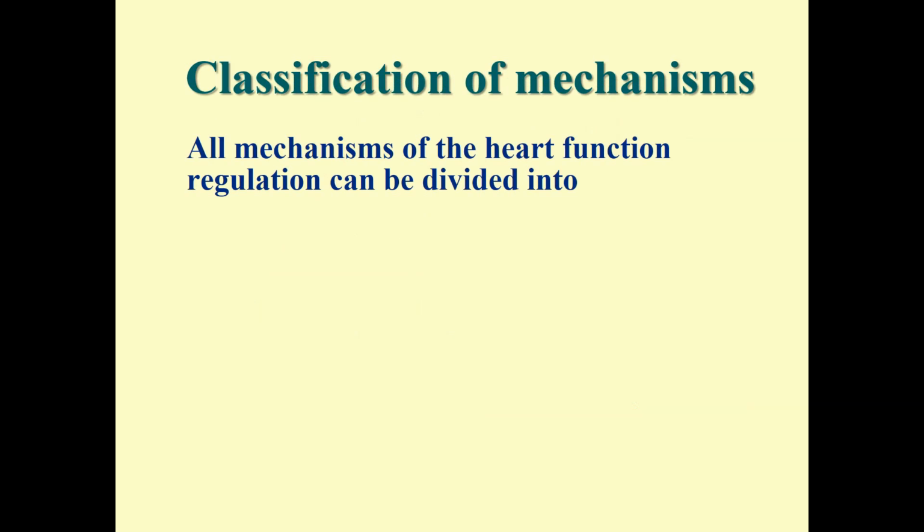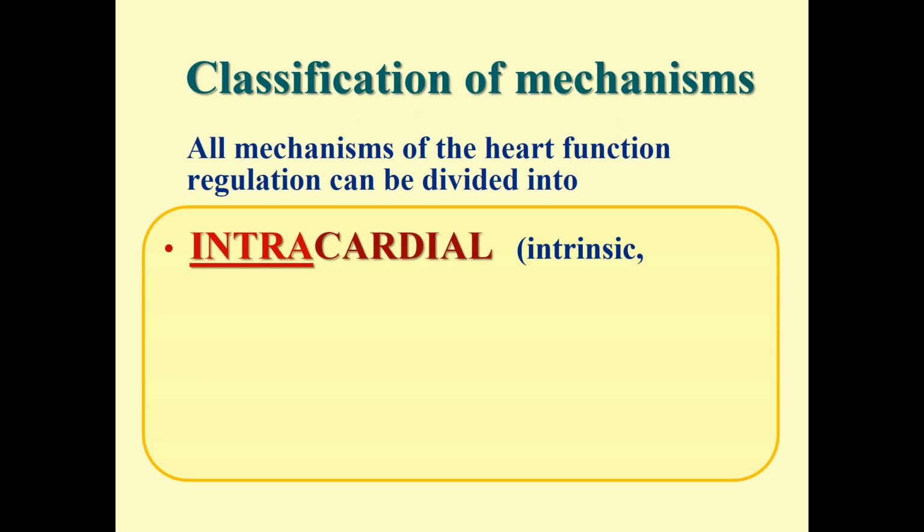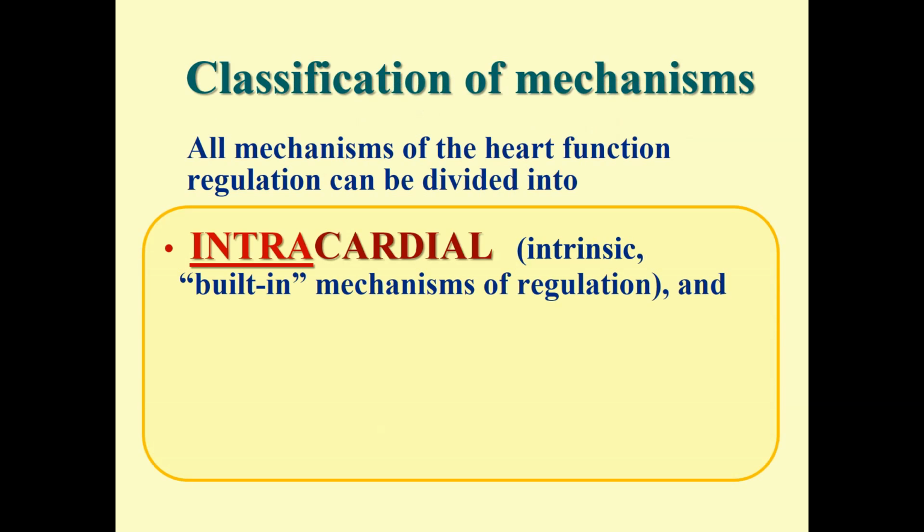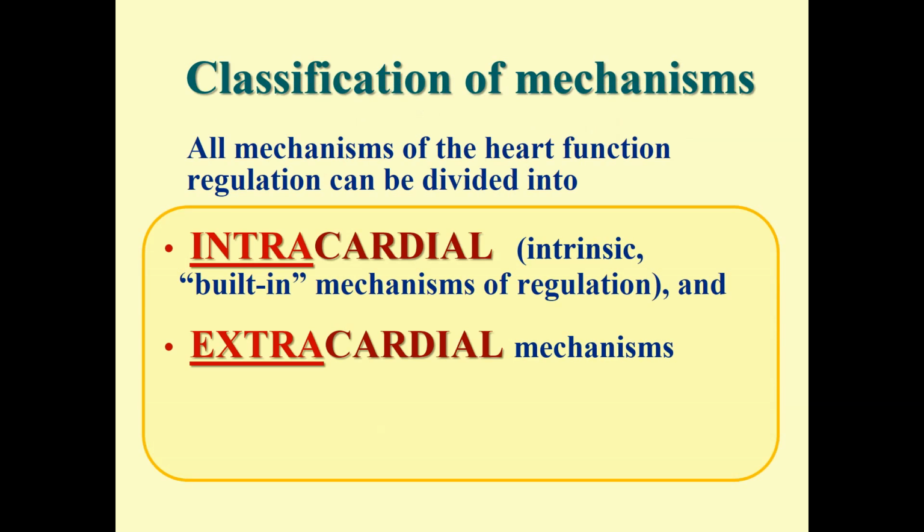And we begin with classification of regulation mechanisms. Classification is very easy and it divides into two big groups: intracardial, inside, intrinsic built-in mechanisms of regulation characteristic for the heart itself, and extracardial mechanisms.